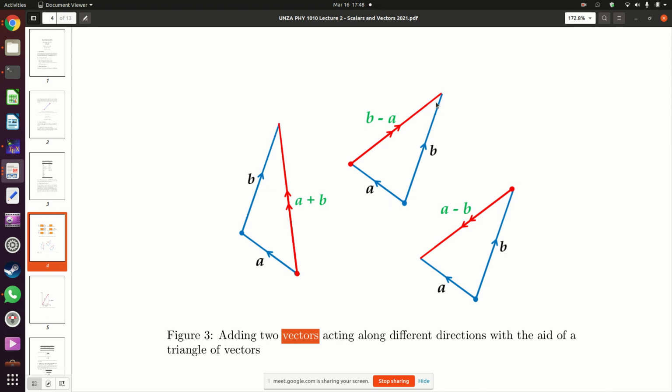So that gives me B. So basically what I did is I shifted this. I get this B, I plant it here. As long as the length of B is the same and it's pointing in the same direction, then that's B. You can move vectors around as long as the size and the direction remain unchanged, then it is the same vector. Are we clear?